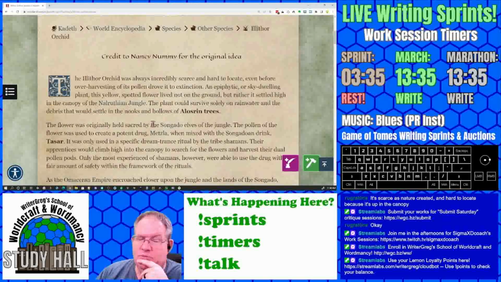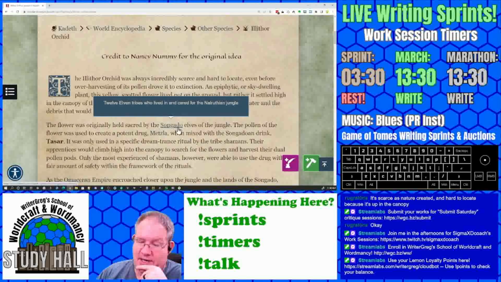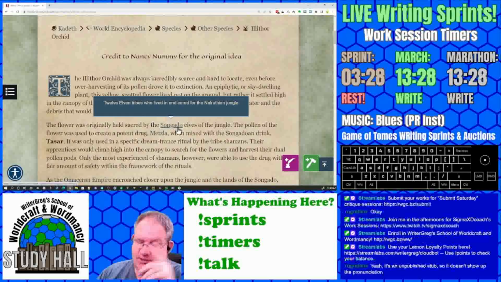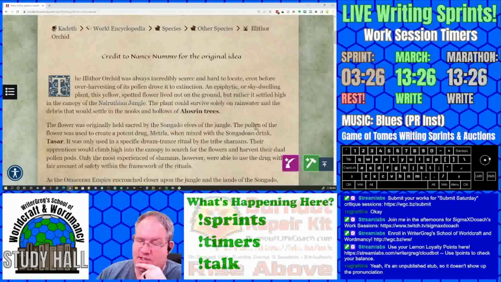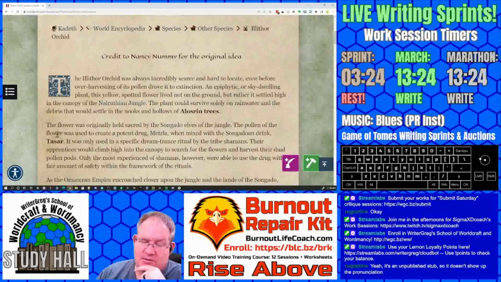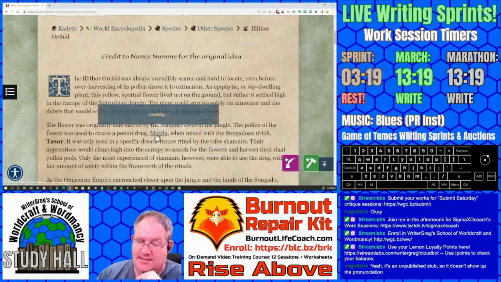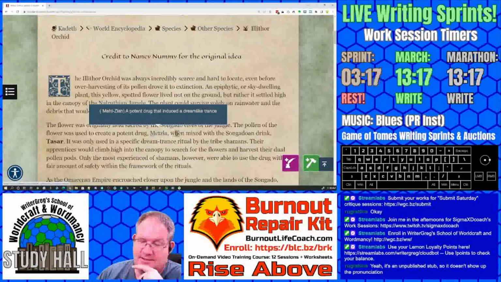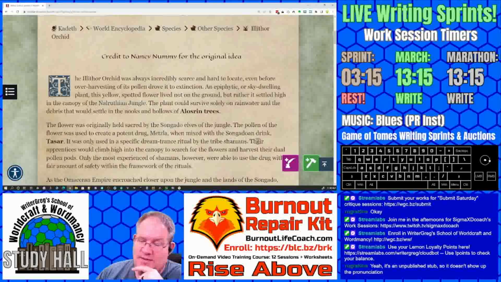The flower was originally held sacred by the Songado elves, very good tooltip there. Elves of the jungle. The pollen of the flower was used to create a potent drug, metzal, when mixed with the Sogdian drink tassar.